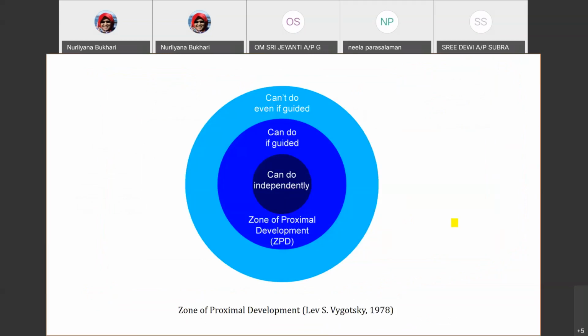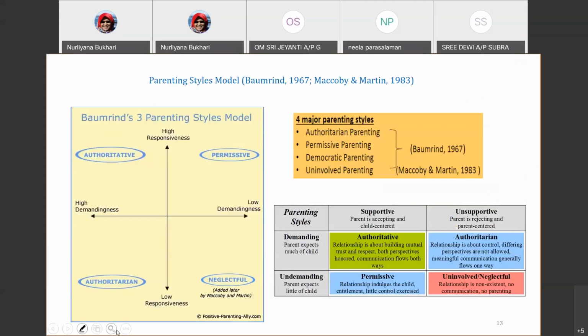Again, this is parenting styles. I think you can relate to parenting styles. It started with three, Baumrind started with these three only: authoritarian, permissive, democratic, and then Maccoby and Martin started to add the uninvolved. In 1983, maybe relating to the feminist movement, when women were starting to work, then there comes uninvolved parenting.